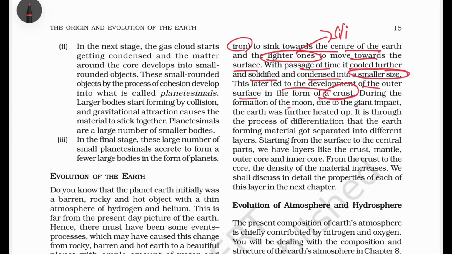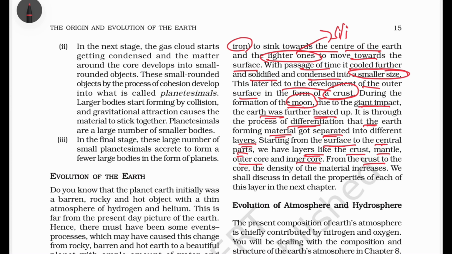During the formation of the moon, due to the giant impact, the earth was further heated up. It is through the process of differentiation that the earth forming material got separated into different layers. Starting from the surface to the central parts, we have different layers like crust, mantle, outer core and inner core.